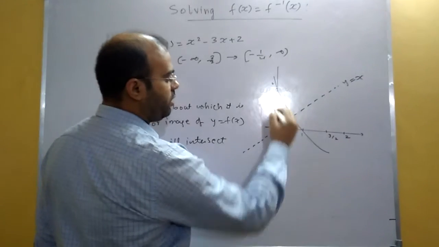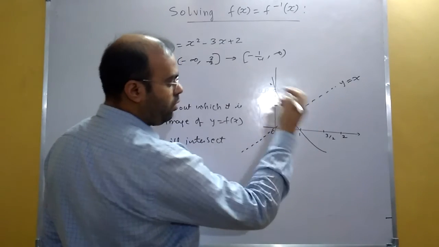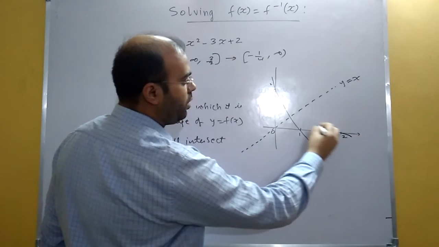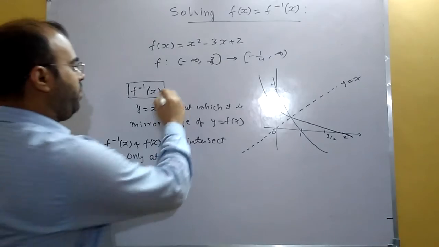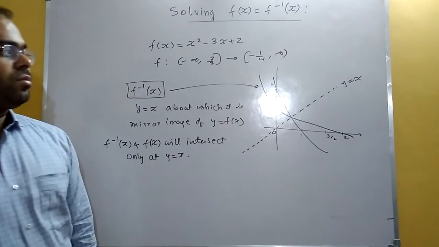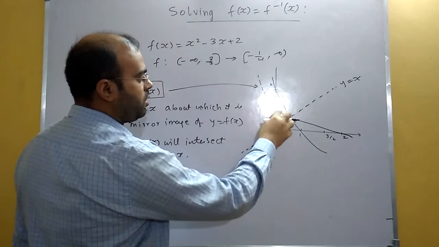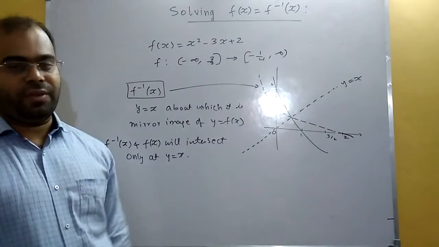This is 1, this is 2 here. When we form the new graph by taking the mirror image, this is how it is going to happen. This is the graph of f inverse of x, and this is the older graph of f(x).